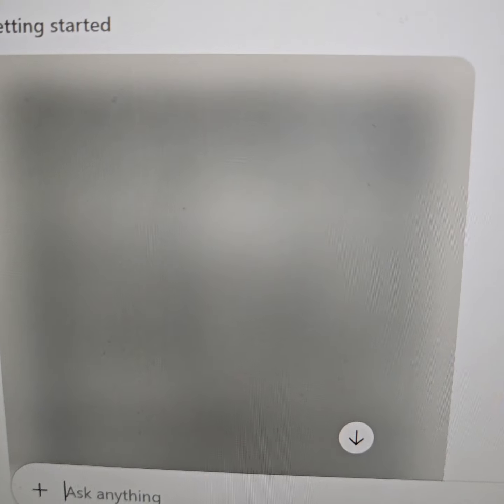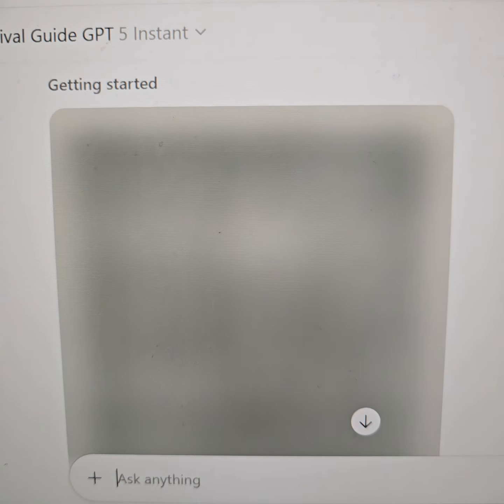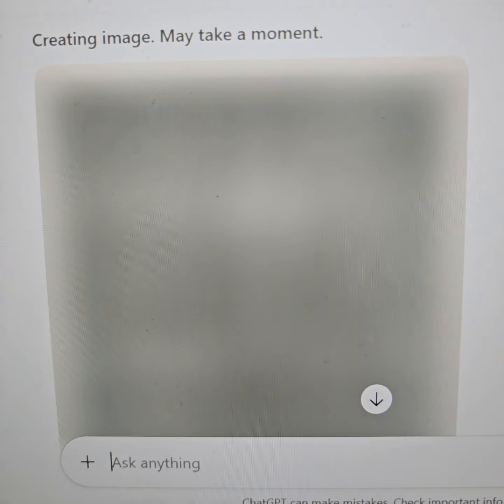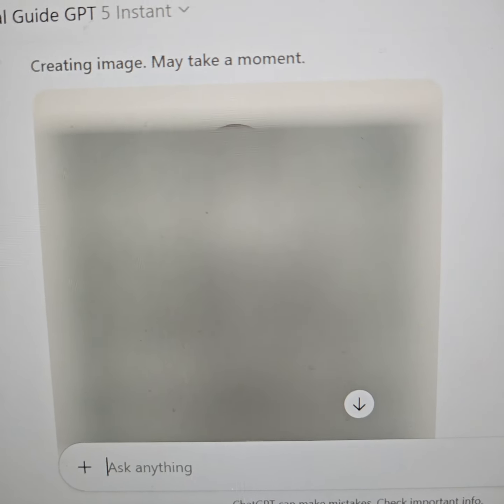But again, I just wanted to show you guys just how much this tool has. It's not just the bare minimum. I put a lot of consideration into this tool when I was making it.